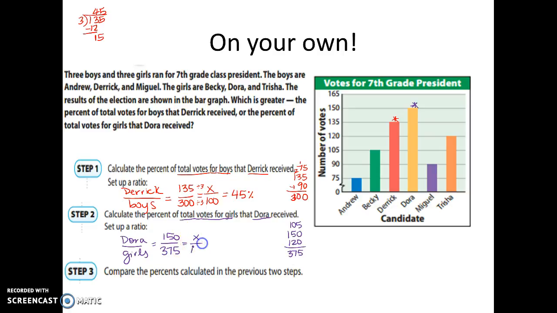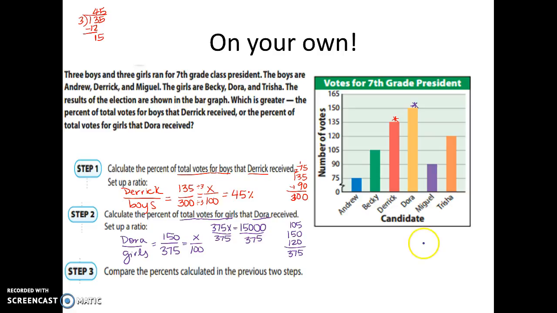375 equals x over 100. So we can go ahead and do this the way we're used to if you guys want. So we have 375x, doing our cross product, equals 15,000. Divide by 375, divide by 375.